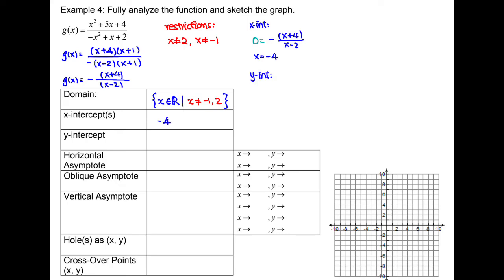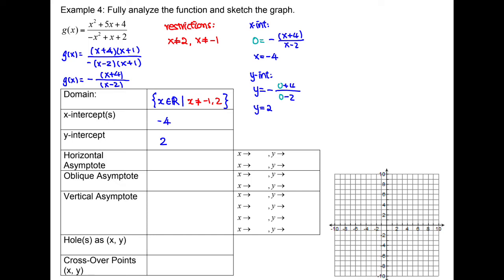For the y-intercept, let x equal 0 to find the y value. The y-intercept will be at 2. Third, determine the horizontal asymptote or the oblique asymptote. Since the degree of the numerator equals the degree of the denominator, we have a horizontal asymptote and we do not have an oblique asymptote.